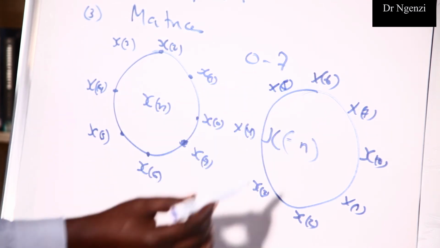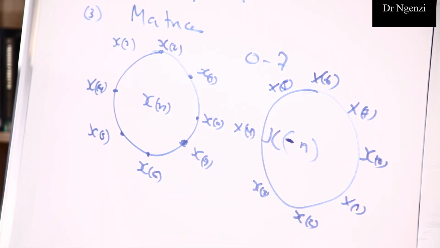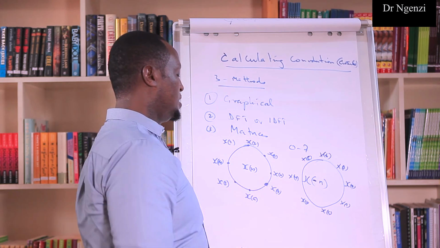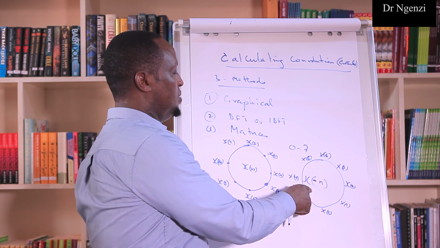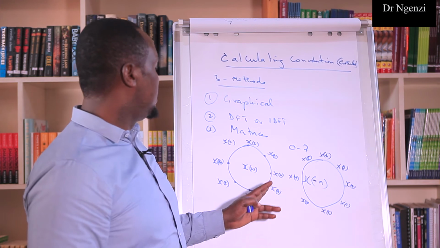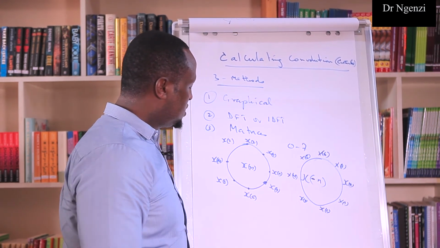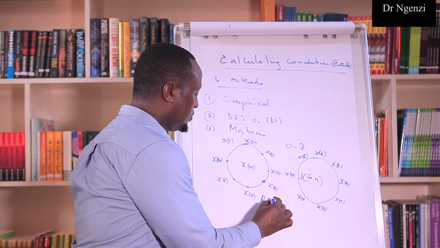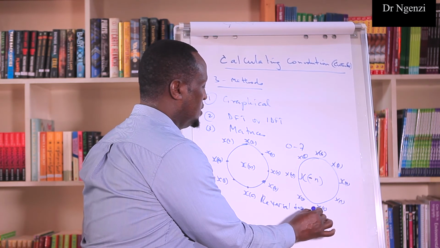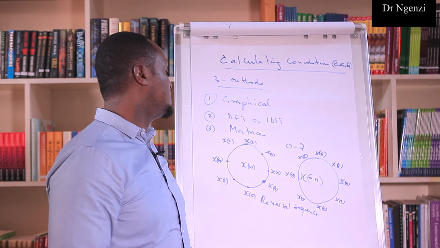So suppose we are given a number; in this case, it is showing the reverse of x of n, and x of n minus n. So it is a reversal. What we are doing is called a reversal sequence, a reversal sequence of all our samples.